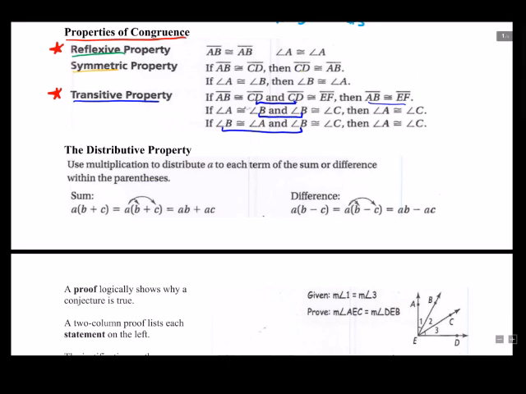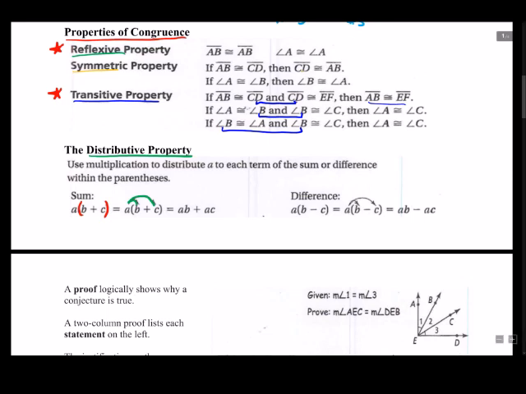We also have the distributive property. Okay, this should be an old friend from algebra, where if we have something times a quantity, A times the quantity B plus C, then we use our rainbow of sharing happiness, and we distribute, we multiply what's outside by everything inside.